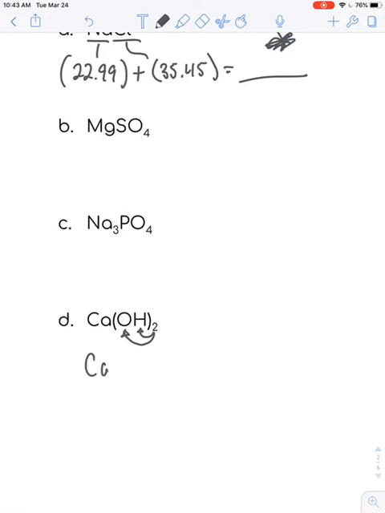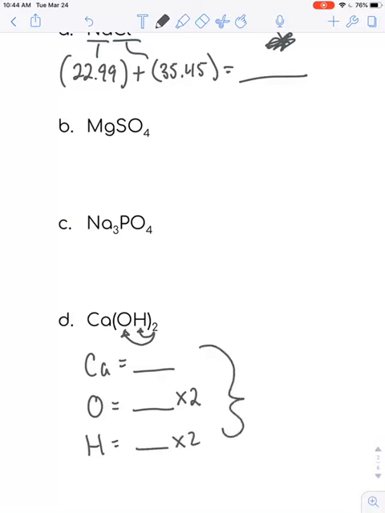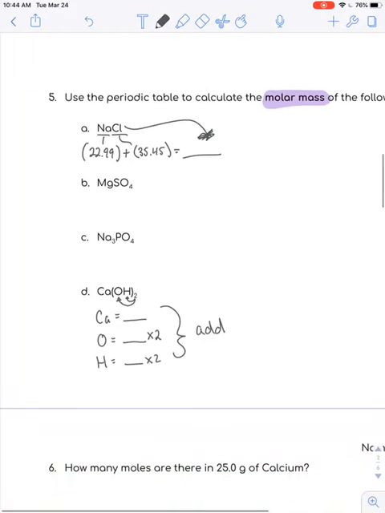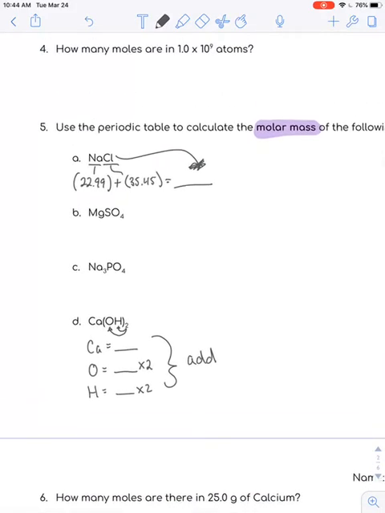So whatever your mass for calcium is, you'd add that to your mass for oxygen, but it's going to have to be multiplied by 2, and your mass for hydrogen is also going to be multiplied by 2. And you would add all of those together to get your molar mass, okay? So those aren't too hard. It's just adding together, okay?